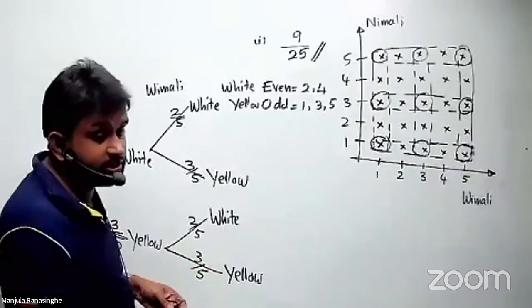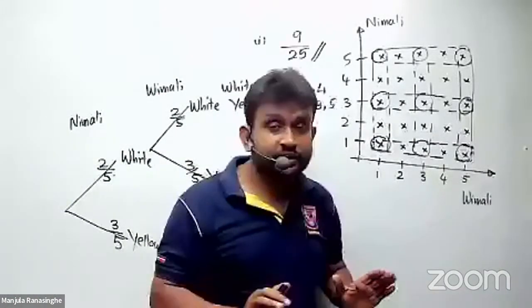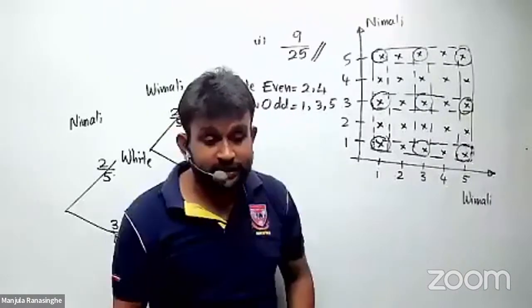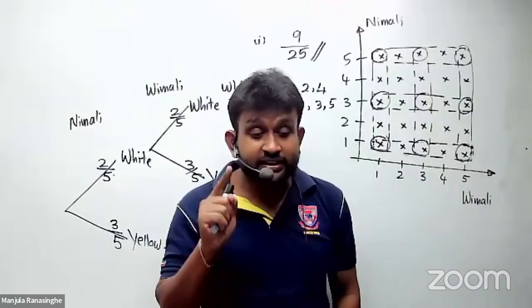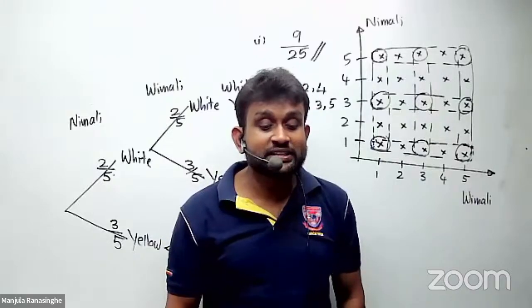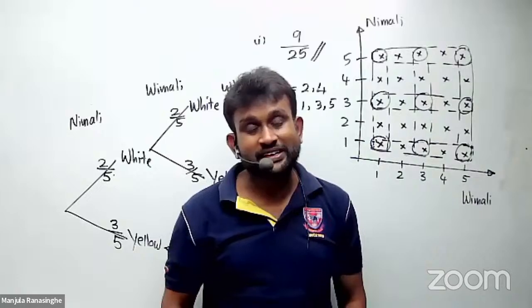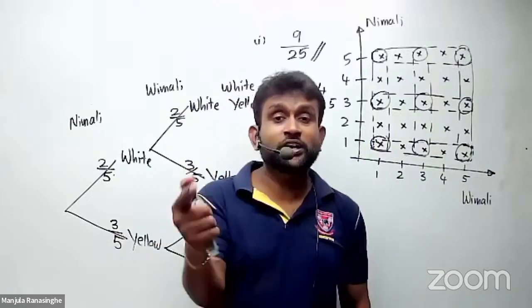So the question now says, extend the tree diagram with the relevant probabilities. Then find the probability that at least one is a winner. At least one winner.